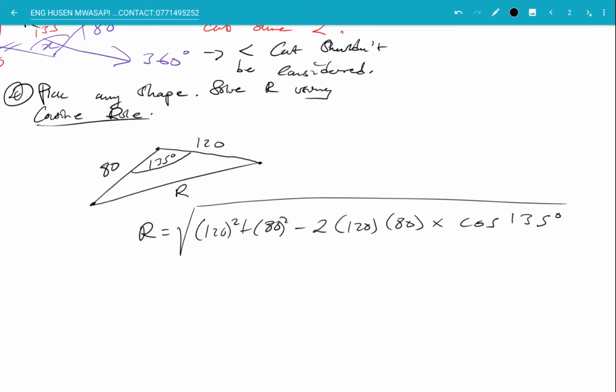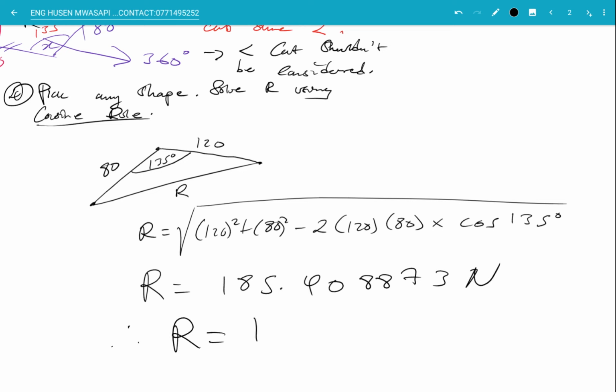Alright, so if you just punch this, you have 185.40887 newtons, because it's the resultant force and it's in newtons. Therefore, I can just round this off to 185.4 newtons, like that. So I'm glad you got the hang of it.